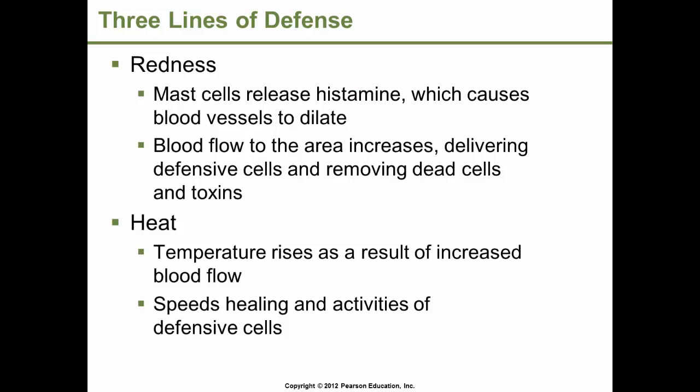Redness: mast cells release a chemical called histamine, which causes the blood vessels to dilate. This dilation of the blood vessel allows more defensive cells to be brought in, as well as aids in removing the dead cells and toxins.